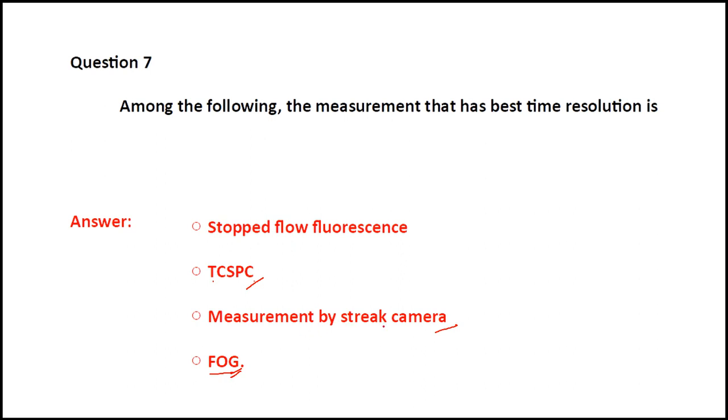In the streak camera, there is nothing about the time resolution, but compared to TCSPC and FOG, the time resolution is still faster in the case of FOG. What does this FOG stand for, Adrija?